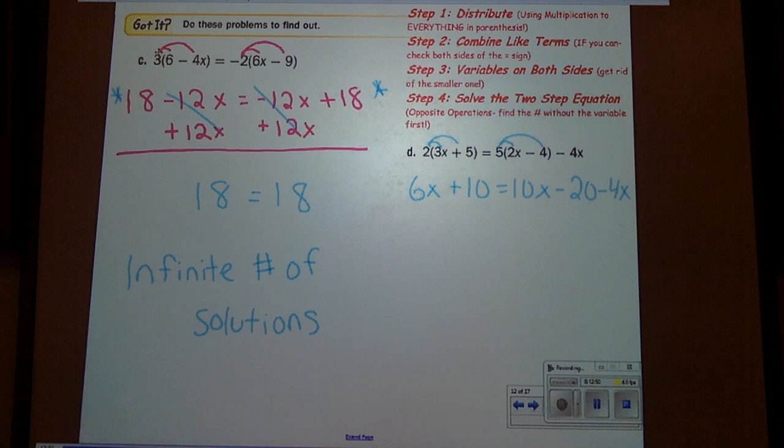Step 2, combine like terms. So on the right, we have some like terms, 10x and negative 4x. Okay. The left is going to stay the same, 6x plus 10, and then 10x minus 4x is 6x, and then we have our minus 20.